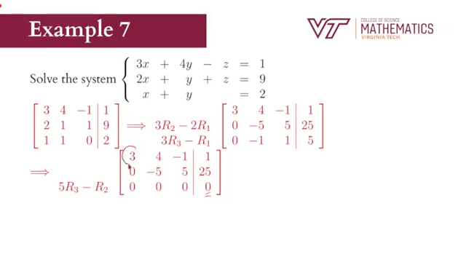So now when I'm looking at my system, I have only 2 leading entries. We have the last column is free, but this column is also free. When we have a free variable, then we have more than one solution.